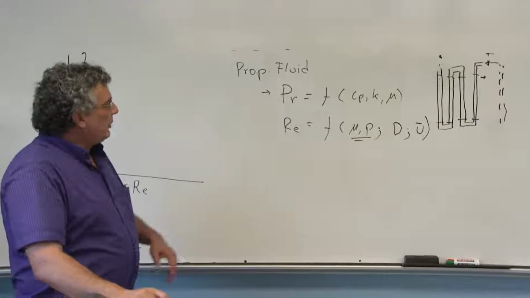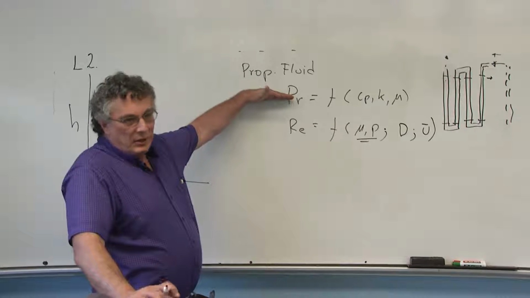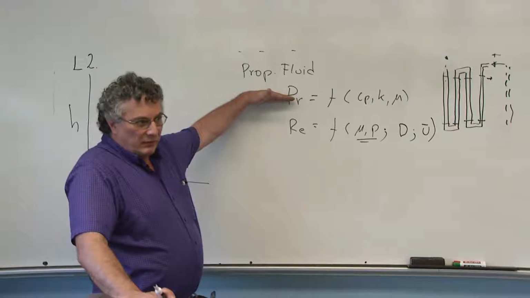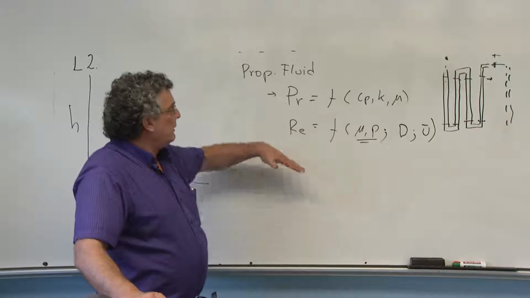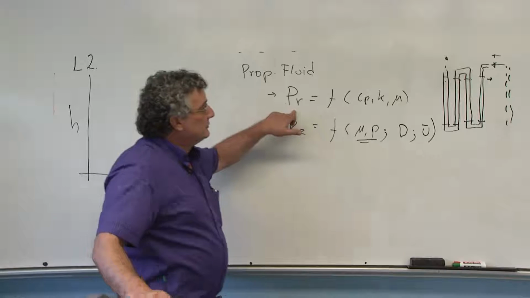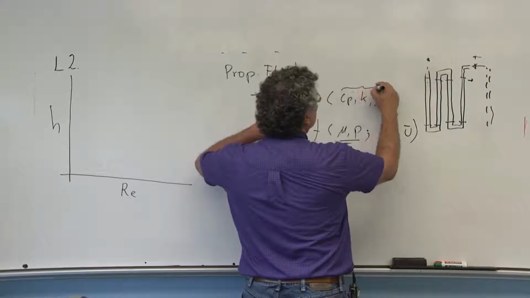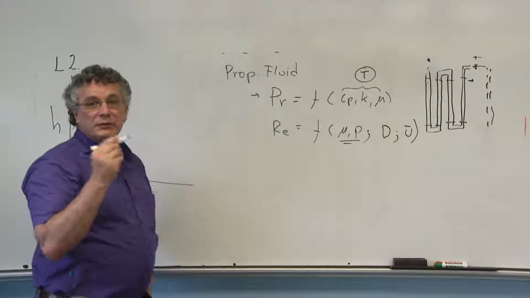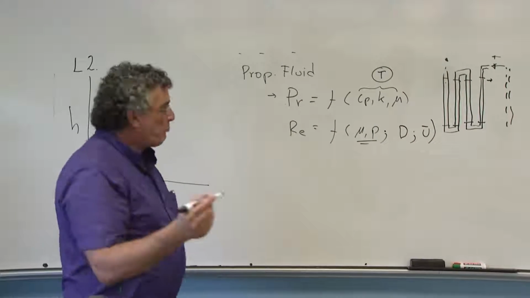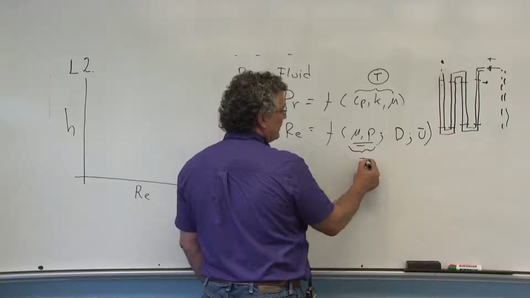So what we are going to do is determine the Prandtl number, which is only a property of the fluid, of the material. It's not a property of the pipe or the system or whatever. But these are a function of the temperature. So we're going to have to determine the average temperature.